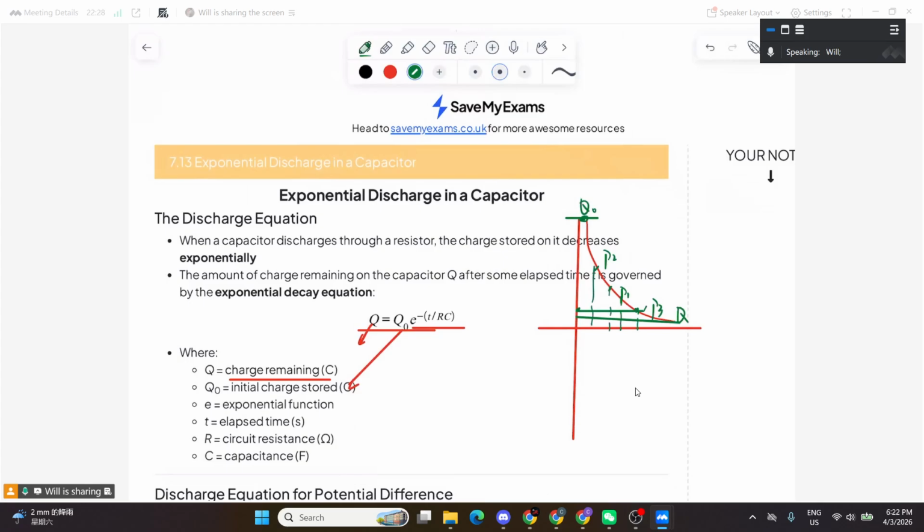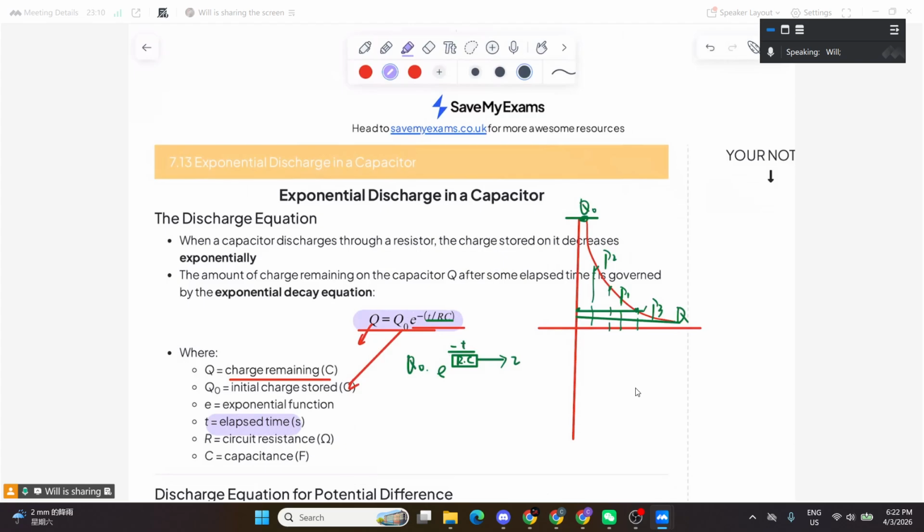So we can use the exponential decay equation: Q equals Q delta times e to the negative t over RC. The denominator RC is the time constant, and t represents the elapsed time, which means the dissipated time.